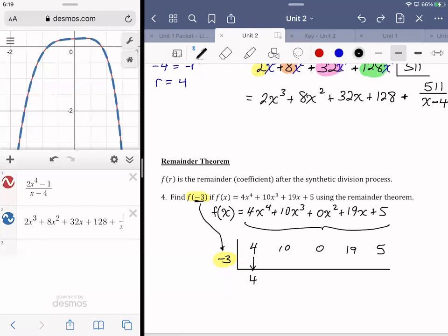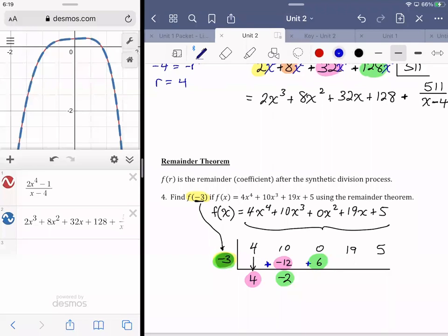Multiply, add until you run out of space. I take my 4, I multiply it by the -3. I get a -12. I add the results. I get a -2. I take that, multiply it by the value on the outside, get a result. -2 times -3 is +6.